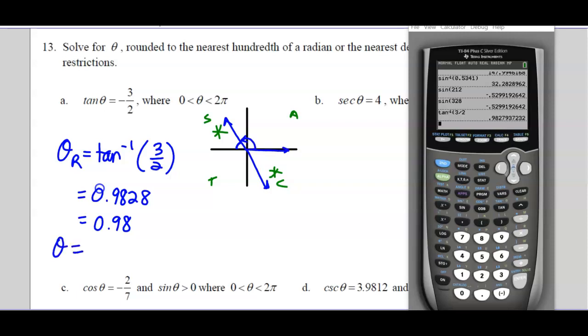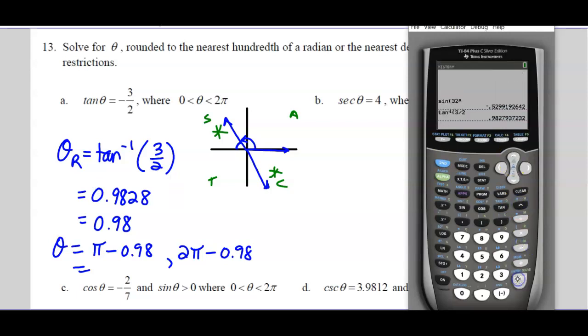So your theta, in the second quadrant, we're going to go pi minus 0.98. Figure out what that is. In the fourth quadrant, 2 pi minus 0.98. Try not to use the rounded 0.98; try to use the full answer in your calculator. So pi minus that answer.